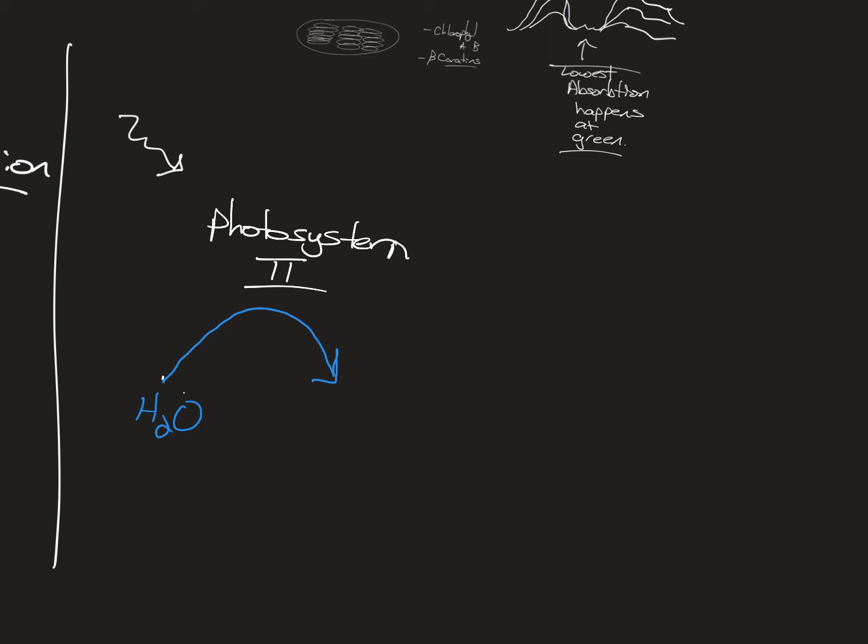H2O gets broken up into 1/2 O2, which is one single O. I hope you understand 1/2 of 2 is 1. Plus 2 hydrogens, plus 2 electrons. That's what happens in photosystem 2.